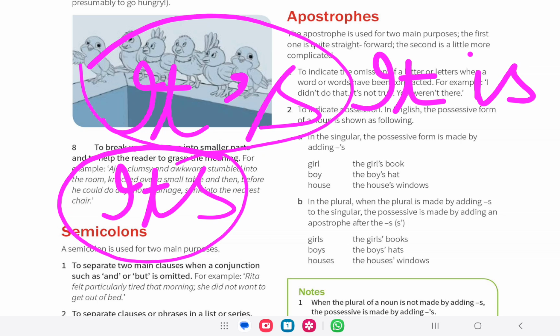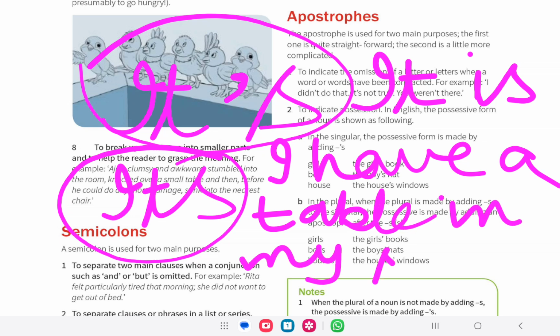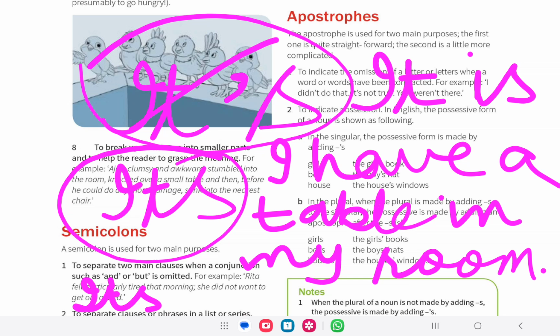When we use it, it can be a pronoun, now let's use it somewhere. I have a table in my room. I have a table in my room. Now this is one sentence. Now in the next sentence, when we are going to talk about the same table, I am going to write its. Here we are not going to use it's with an apostrophe.